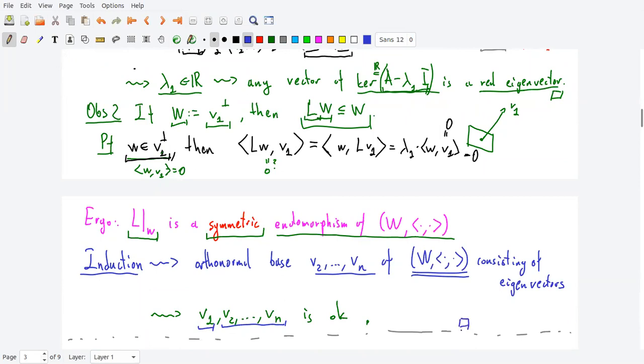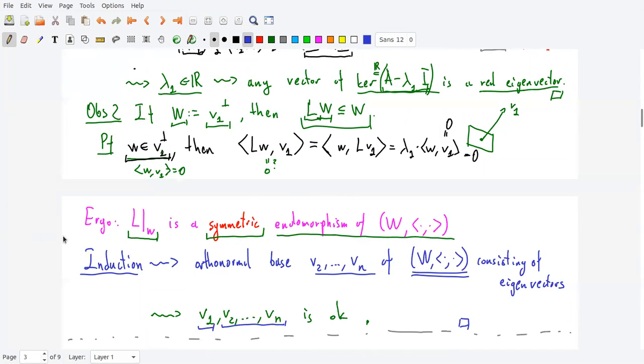I hope I went quickly through this because I hope that many of you already remember it from your linear algebra course, but I want to go through it because it actually shows some internal combinatorics of symmetric endomorphisms, or rather symmetric matrices. Good.